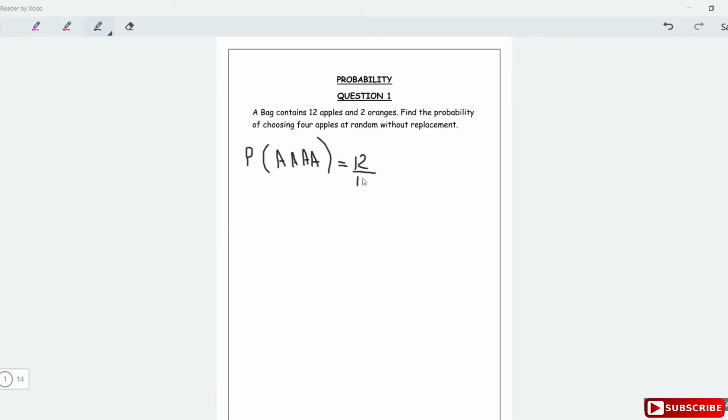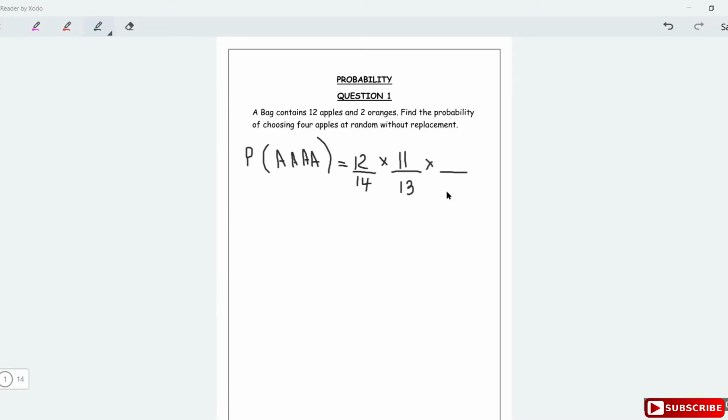So it's 12 out of 14. Then you're going to multiply it by how many apples left back? 11. And you can choose any one of those 11 out of the remaining fruits, which is 13, times to get the next apple now.